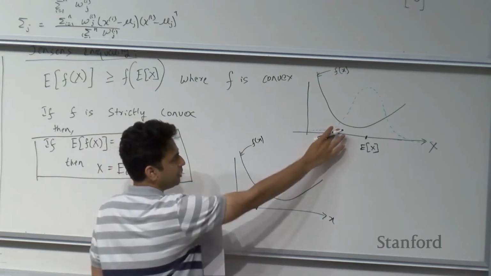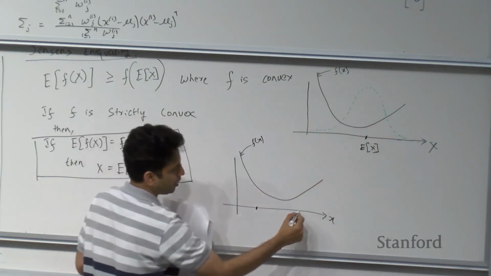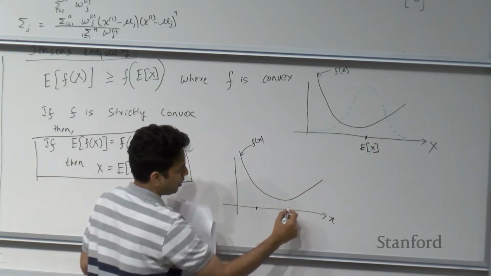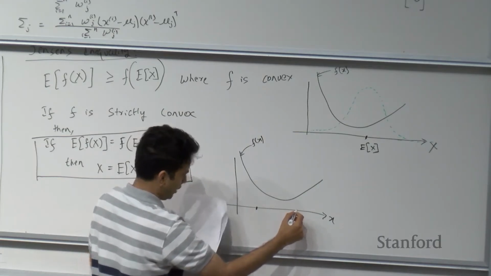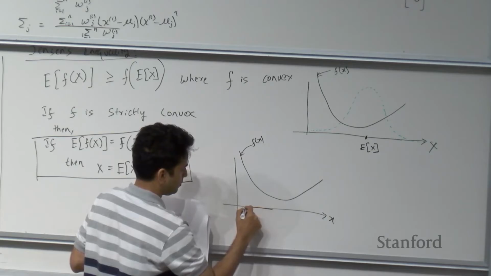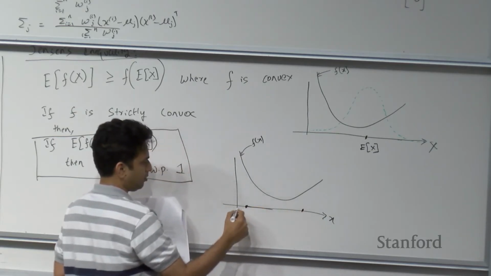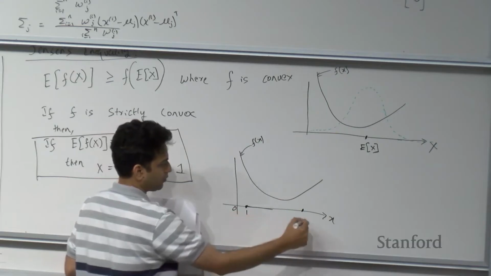Here x was continuous, but to understand Jensen's inequality, let's assume a discrete setting where x takes only two possible values, this value and this value. Maybe they are 1 and 10.